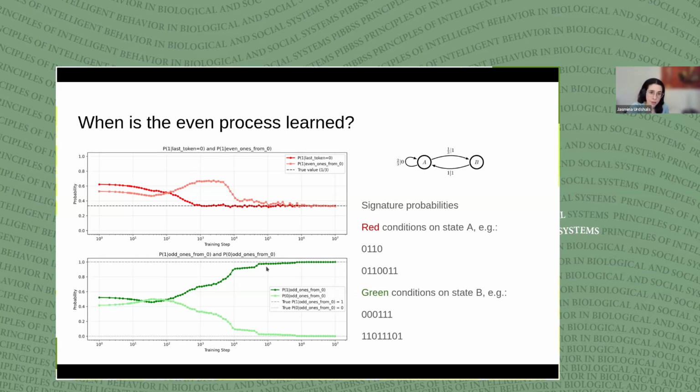And here you can just focus on the dark green line because these two lines give the same information. And that is conditioning on state B. What is the probability of emitting a 1? The true probability is 1. And you can see how the transformer predictions approach this true probability during training.